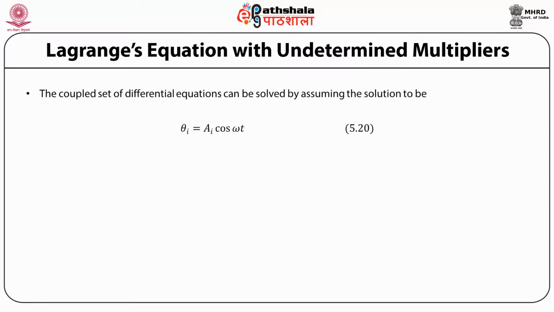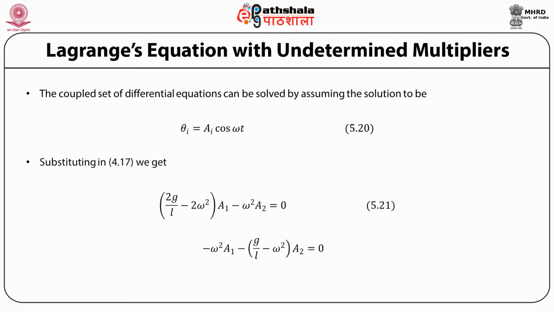This coupled set of differential equations can be solved by assuming the solution to be of the form theta 1 is equal to a1 cosine omega t and theta 2 is equal to a2 cosine omega t, where a1 and a2 are constants.